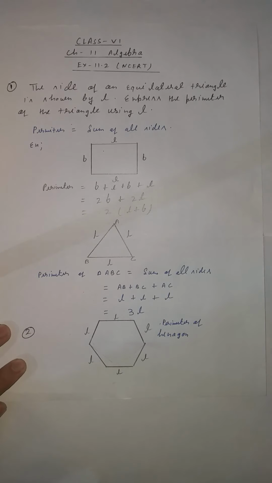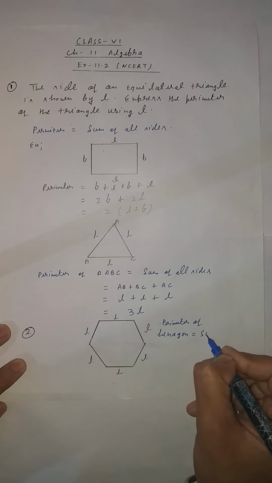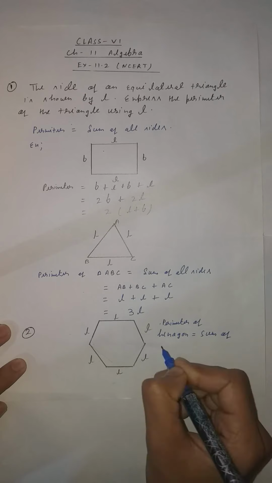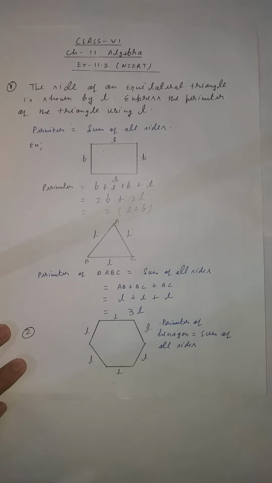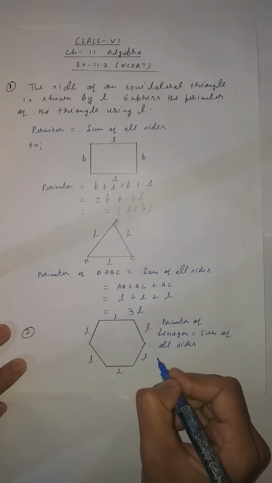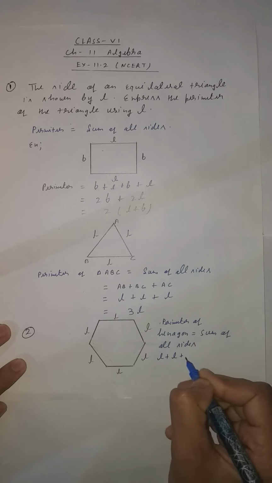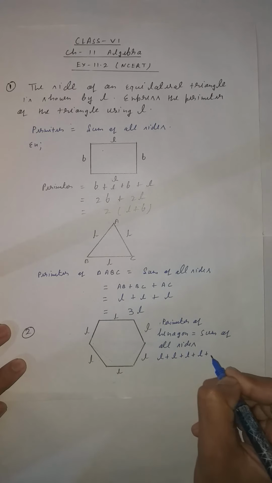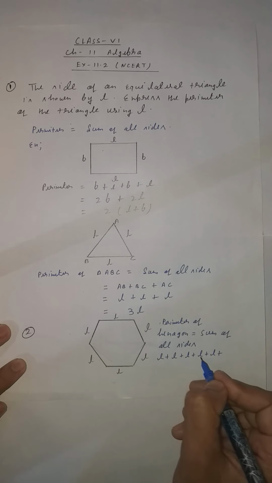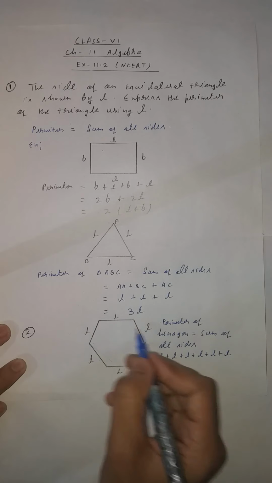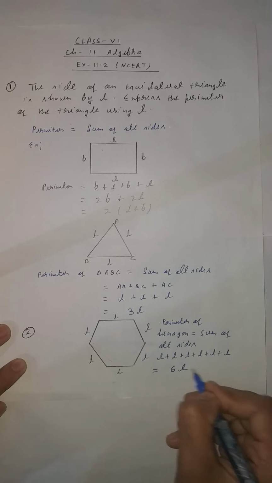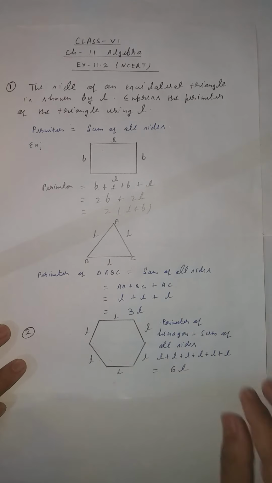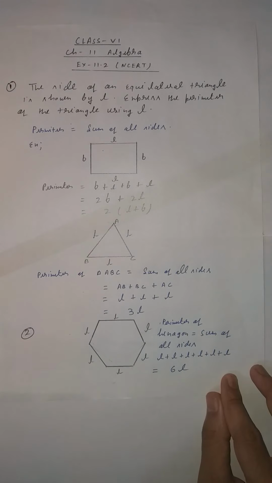Now we know that perimeter is equal to sum of all sides. You know that L plus L plus L plus L plus L plus L, because 1, 2, 3, 4, 5, 6 are given. So it will become 6L. So perimeter of the hexagon is 6L.